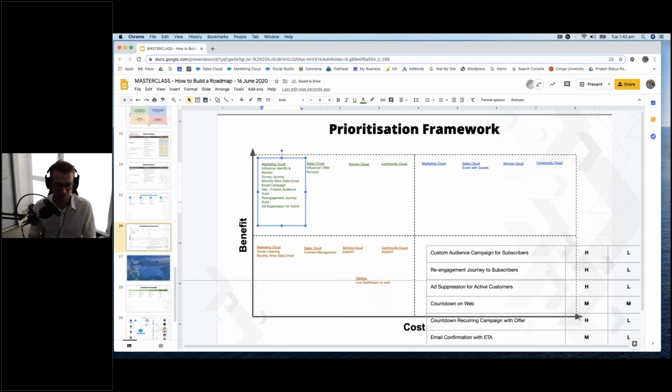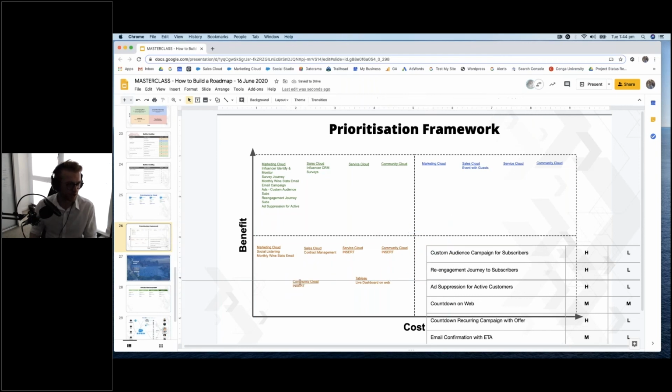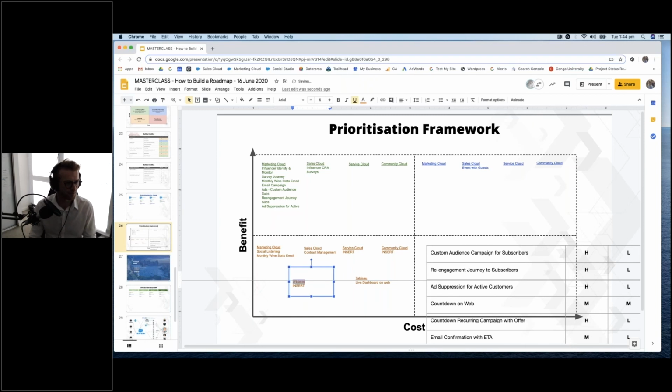Countdown. Okay, so this one adds countdown on web was medium. So it's kind of here, and it's really like maybe a website feature, which is where it can be complex. Okay, countdown feature.